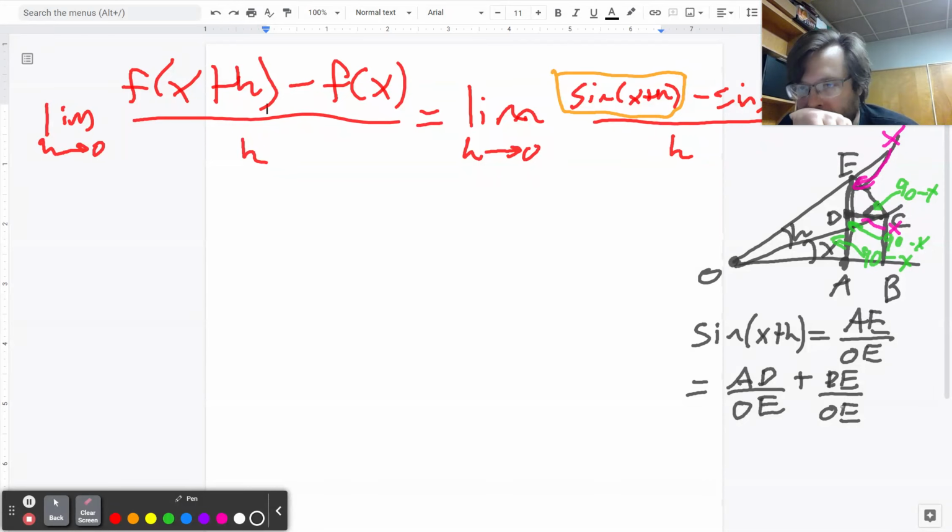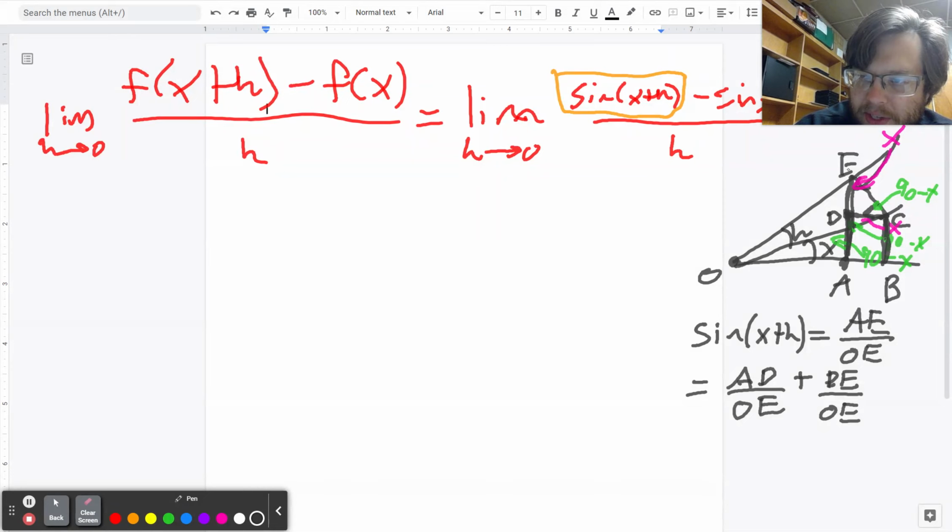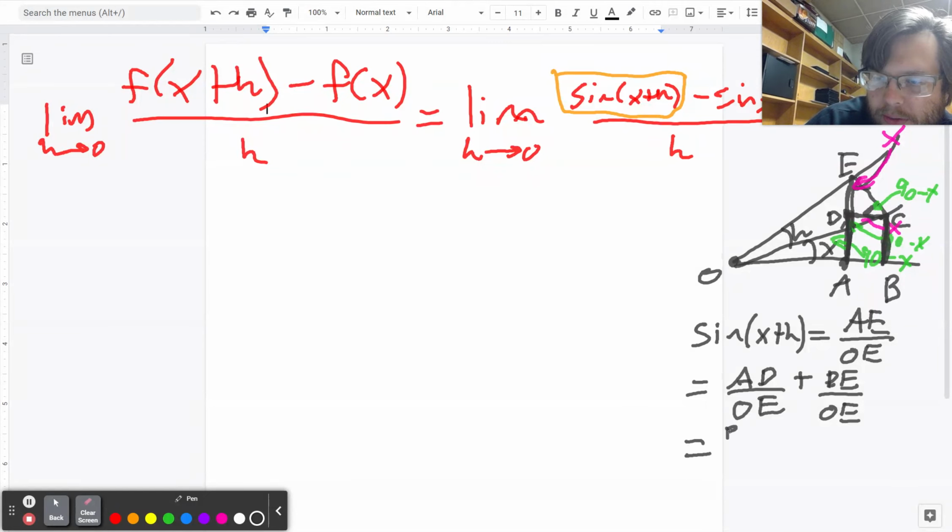The top AE can be split up into the bottom part from A to D plus from D to E. So AD over OE, DE over OE. Then AD is part of a rectangle and BC is on the other side. So those are equal to each other because they're rectangles. So this equals BC over OE and still DE over OE.